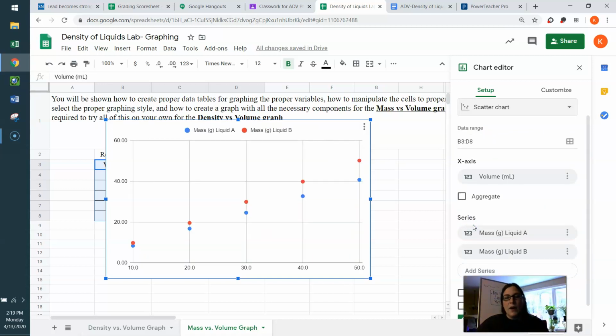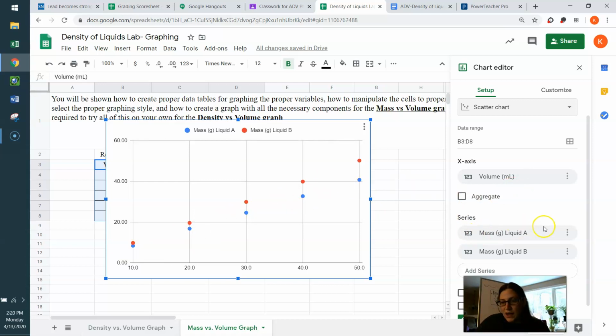Okay. Now I'm going to be really looking at the graph right now, and I can see that the scale across the bottom goes by 10, 20, 30, 40, 50, and that is just like my volume. Okay, and you can see over here, x-axis is the volume in milliliters. That is what I would like. Okay, I can see that there are going to be two lines here.